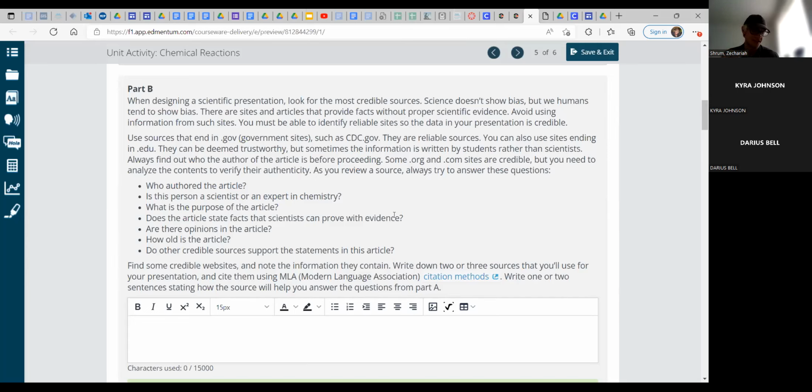So in science, you need to tie it to evidence and logic and numbers that we can verify with ourselves or other scientists can verify. So if one group of scientists says this, but another group of scientists says something else, there's something there that you need to research further.